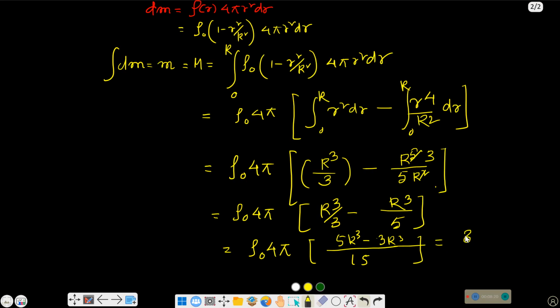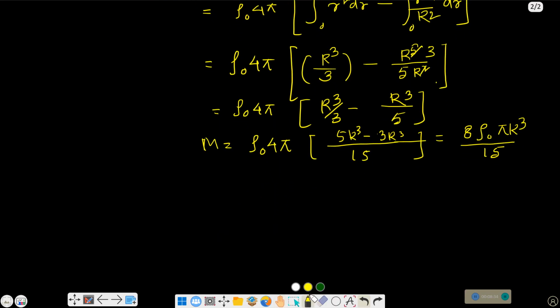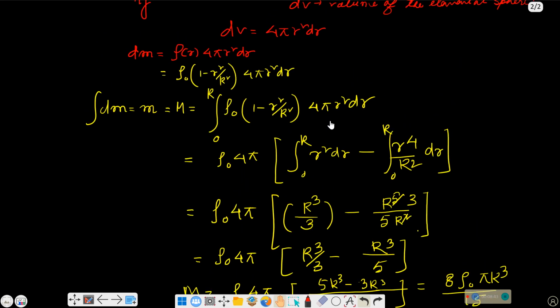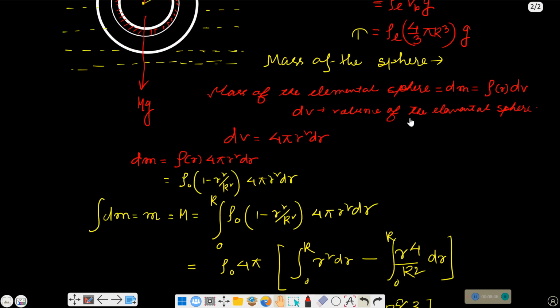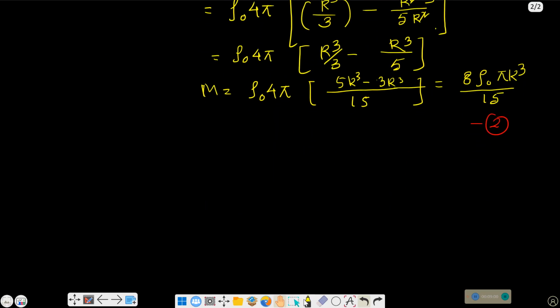This will give us 8 rho naught pi R cube by 15, which is the mass of the whole sphere. Next, from this we have the buoyancy force of this one.